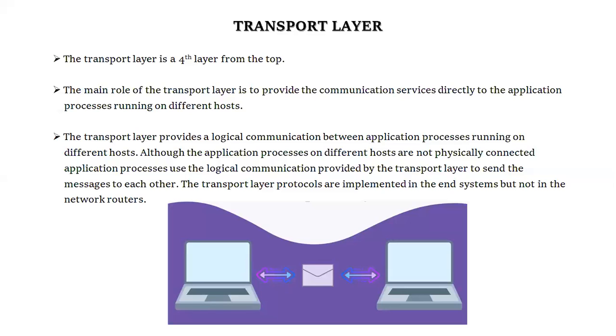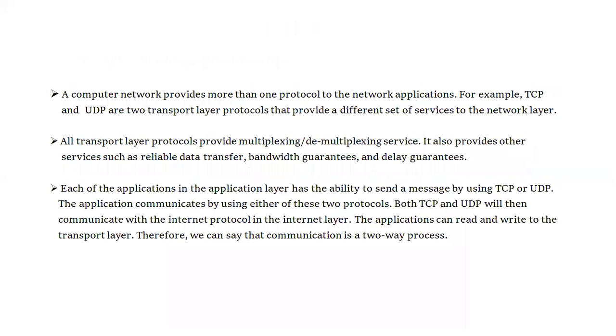The transport layer has an end-to-end system, in the sense that a lot of protocols are available. We have TCP, Transmission Control Protocol, and UDP, User Datagram Protocol, used in the transport layer. A computer network provides more than one protocol to the network applications.